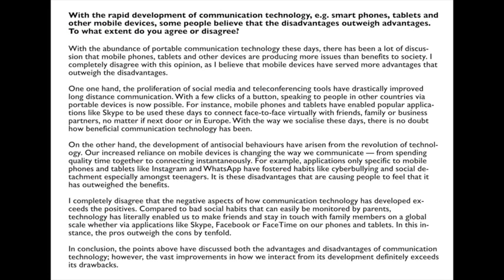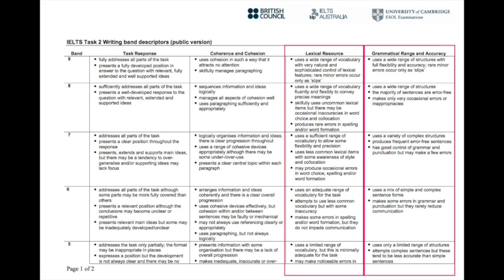Grammatical range and accuracy is more about displaying different sentence types in the essay, so from more simple to more complex. And they are also marking you on how many grammatical errors there are throughout the task. So basically just be careful with what tenses you use, like past tense, past present, I don't know what the others are, but yeah, just be mindful of those.